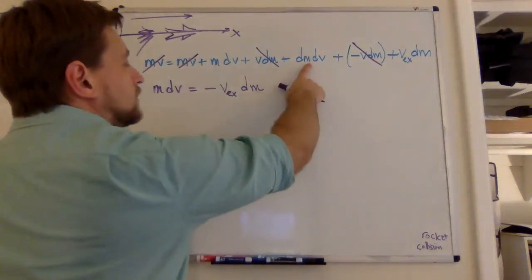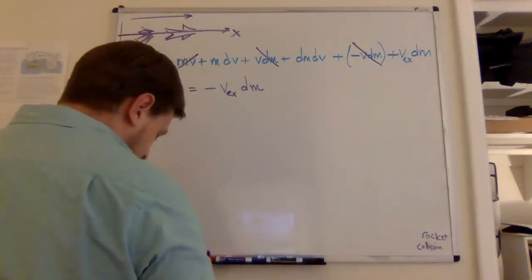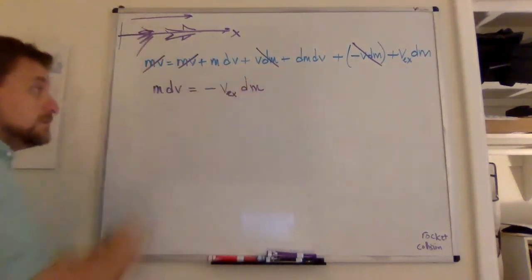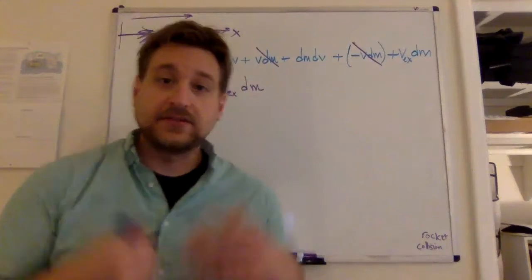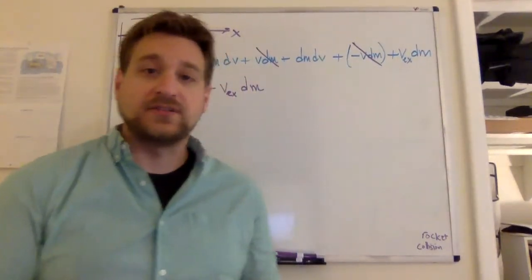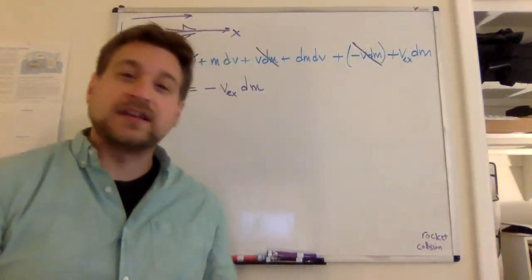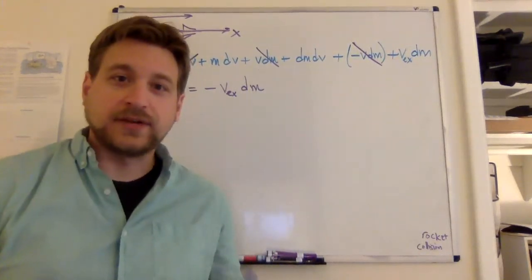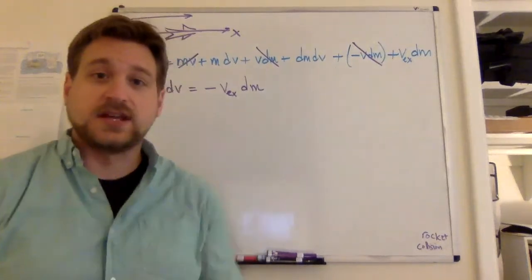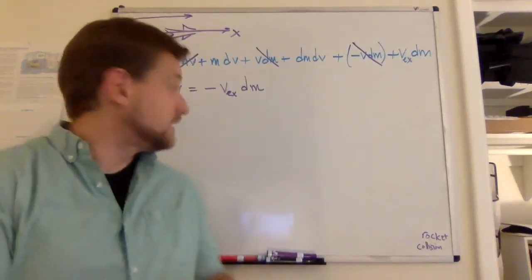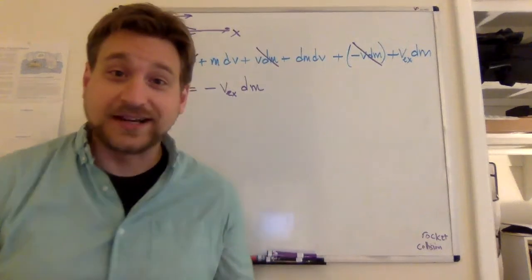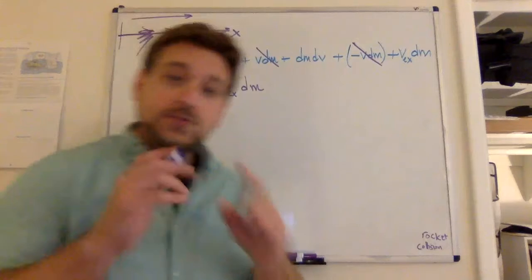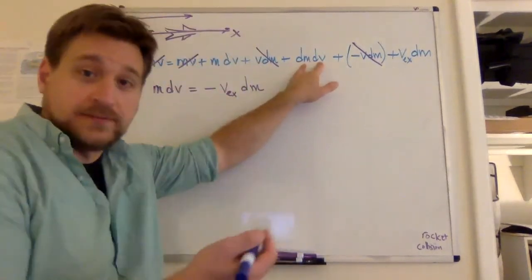I guess there's this term to worry about. But here's the thing: these are dV and dM, not delta. This isn't some macroscopic change in mass. It's so small that it's almost immeasurable. We're talking calculus sizes here, right? These are differential changes in mass and velocity. I think you can maybe see we're setting ourselves up to integrate. So we're talking about super small changes in mass and velocity, and then we're going to multiply them together.